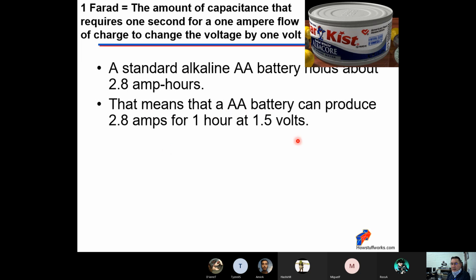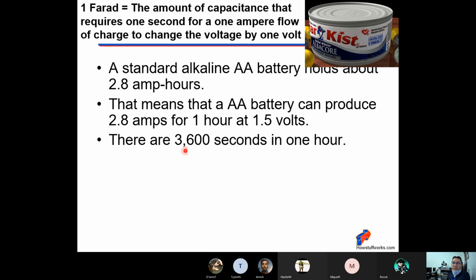That means a AA battery can produce 2.8 amps for 1 hour at 1.5 volts. If you're pulling 2.8 amps for 1 hour, that is a lot. Most things we don't even want to deal with close to that.